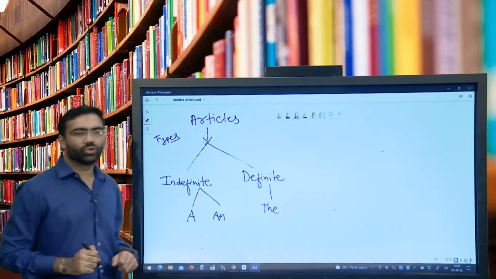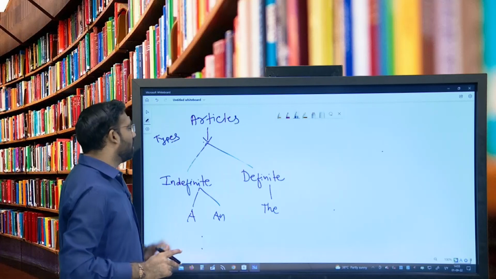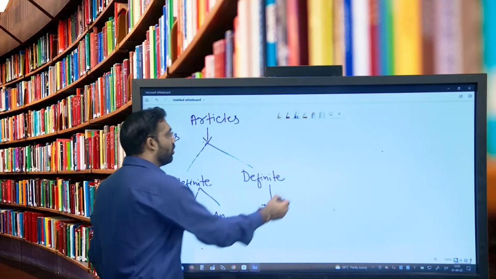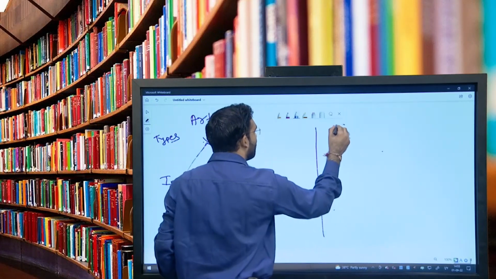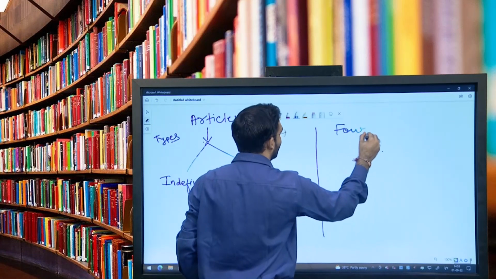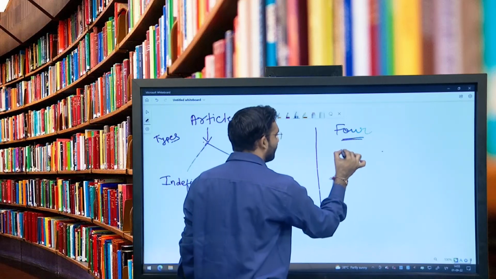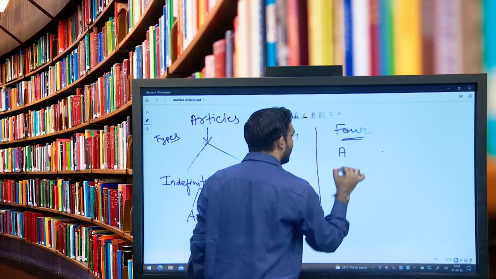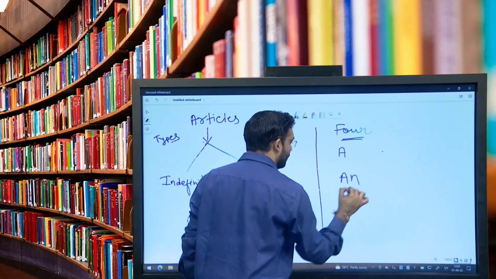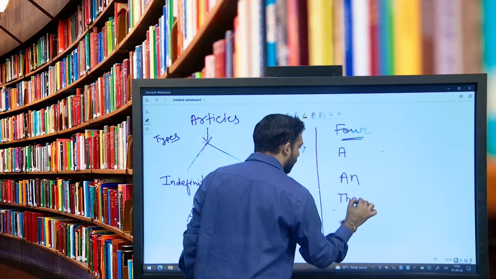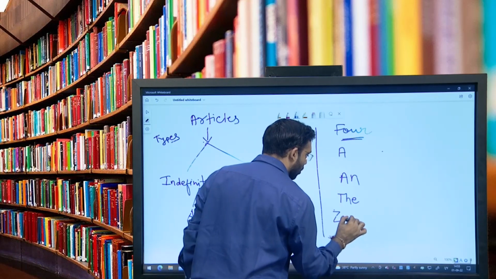I'm sure you would have heard of it. Now when you talk about articles, there are basically four articles. Types are two, but there are four articles: a, an, the and zero article.